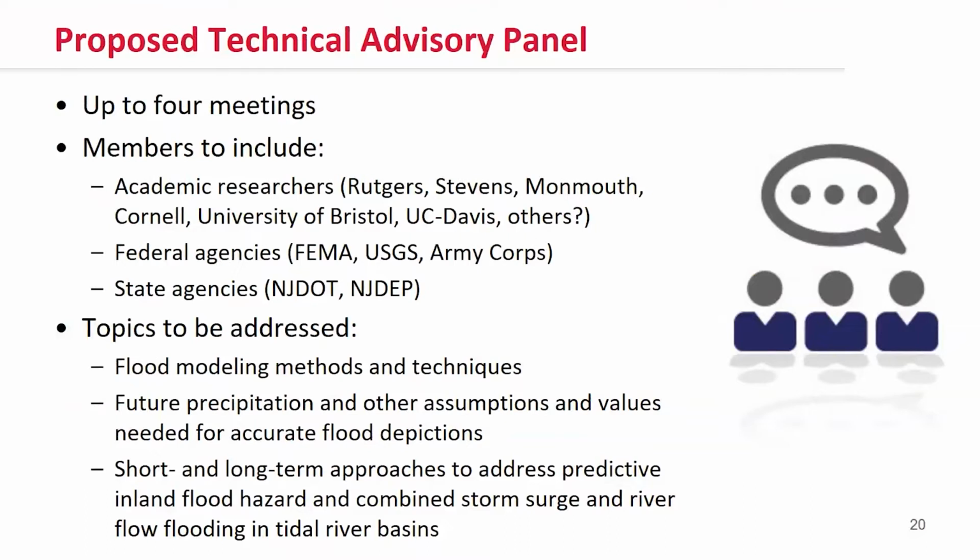We're going to be talking about the latest and greatest, the bumps and the warts of various flood modeling methods and techniques, what we currently know about precipitation and what other assumptions and values we might need to include to come up with accurate flood depictions and predictions, and then short and longer term approaches to address in particular the combined storm surge and river flow flooding in tidal river basins.